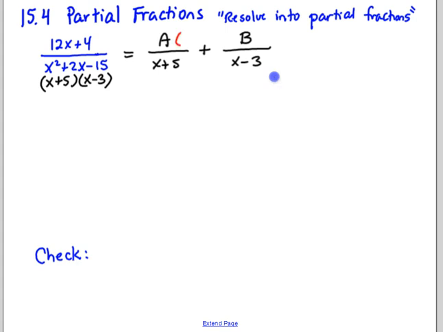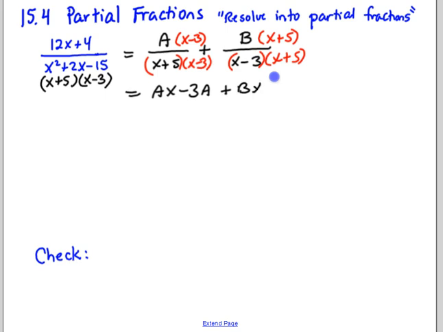I would have to multiply the first term by x minus 3 over x minus 3, and I would have to multiply the second term by x plus 5 over x plus 5. So in the numerator I would have ax minus 3a plus bx plus 5b all over x plus 5 times x minus 3.